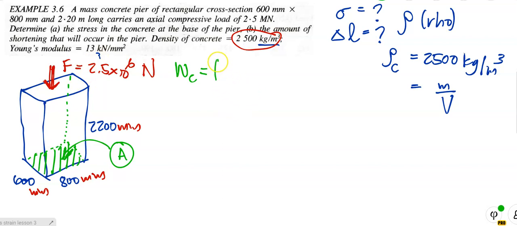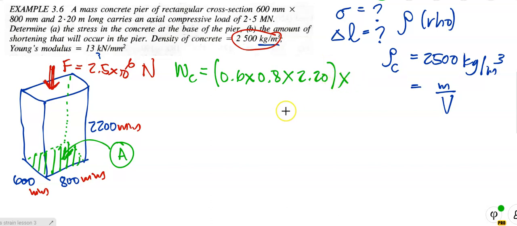Right, but remember, density is given in kilograms per cubic meter, so I'm going to have to use the dimensions in meters. So it will be 0.6 multiplied by 0.8 multiplied by 2.2. That will be the total volume of the concrete.